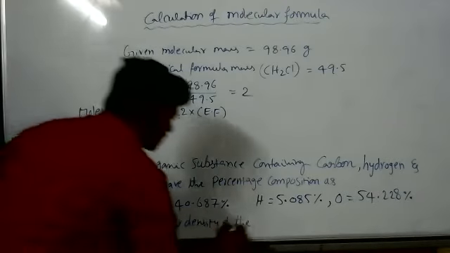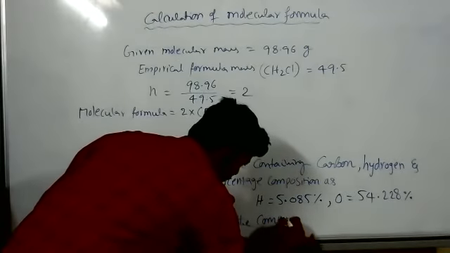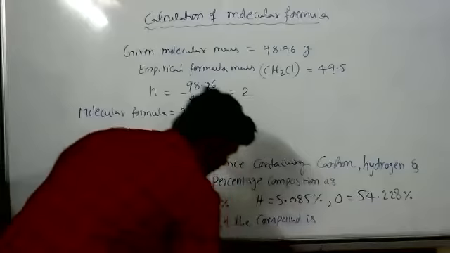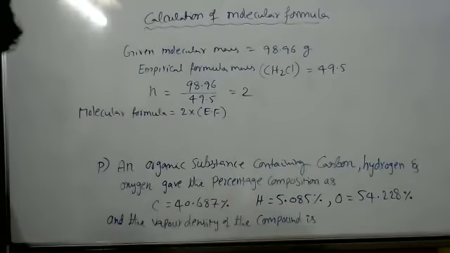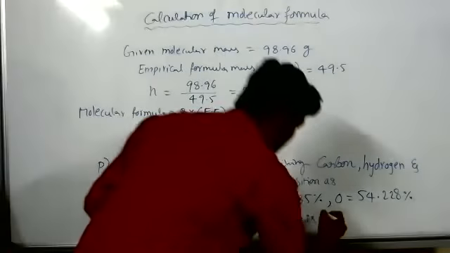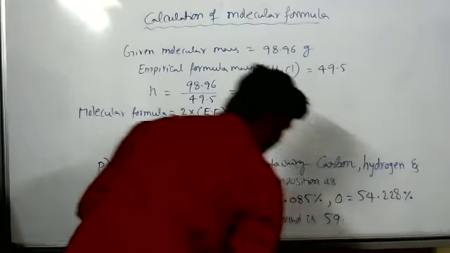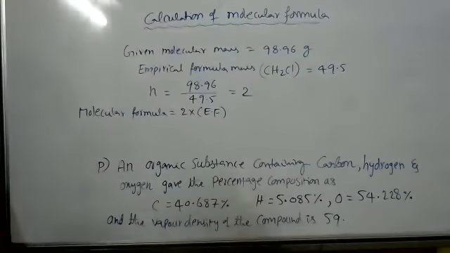And the vapor density of the compound is 59. Calculate the molecular formula of the compound.